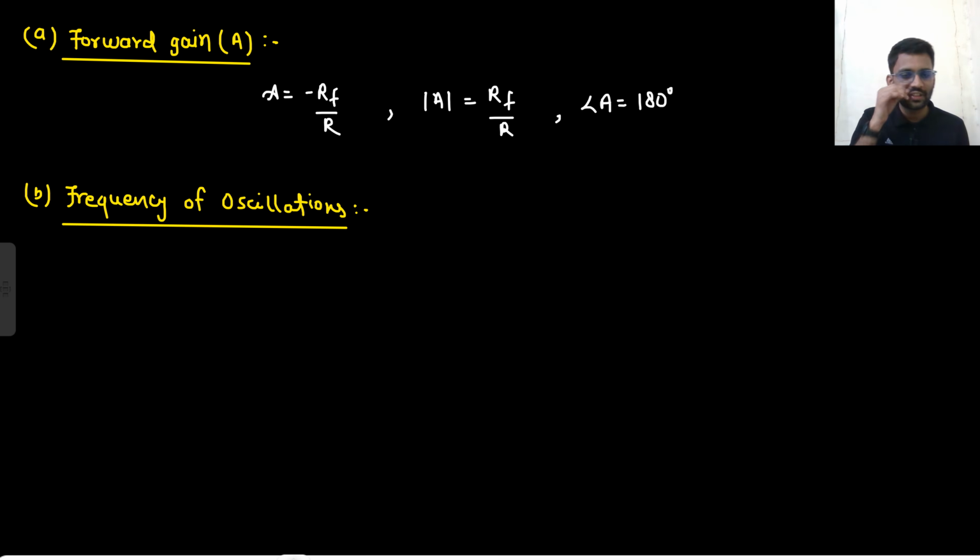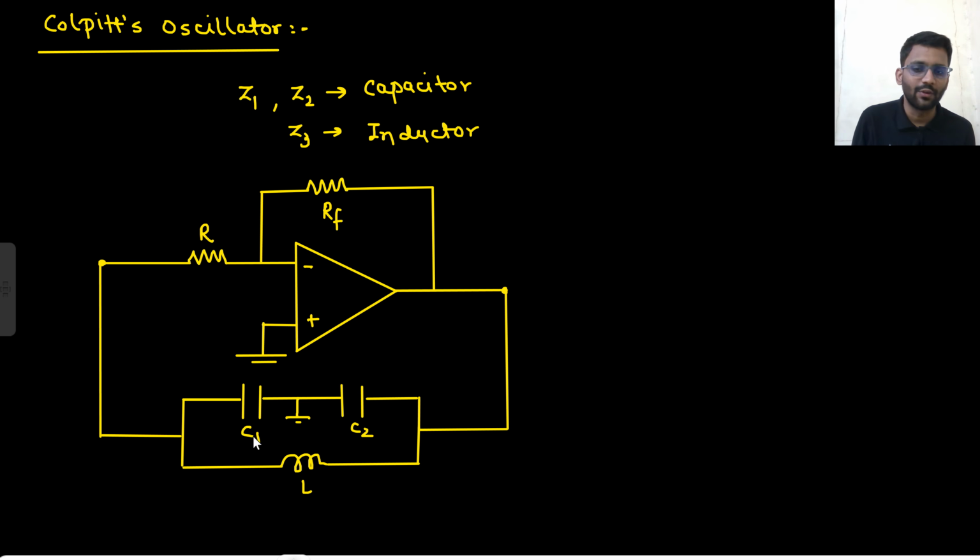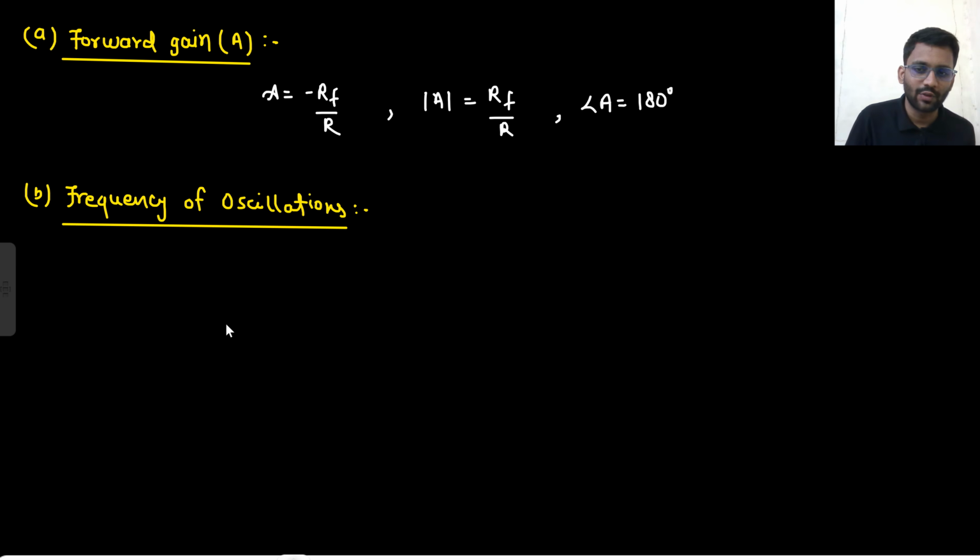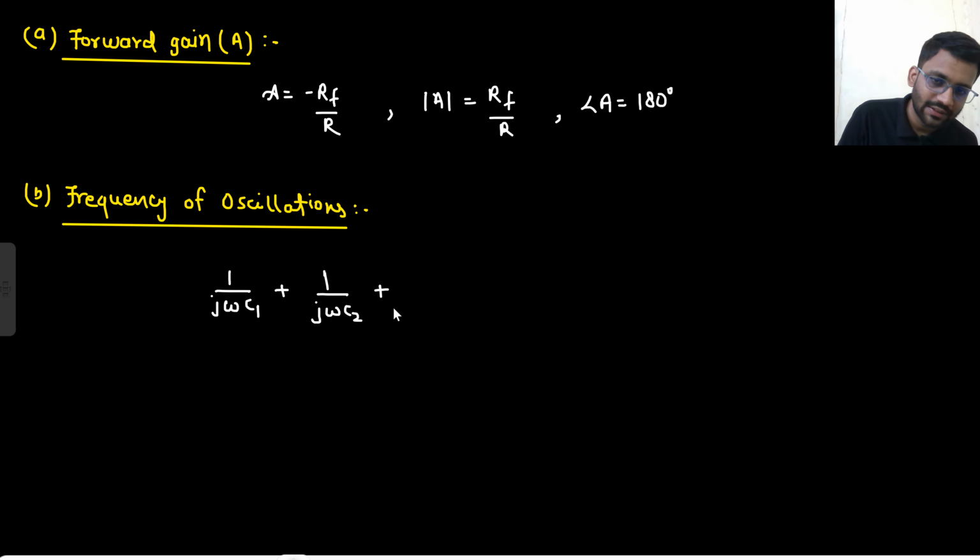What will be the frequency of oscillations? For frequency of oscillation, what you will do? Find the impedance of all, add them up, put equals to 0. So what is the impedance provided by capacitor C1? That would be 1 by j omega C1. Just write down all the impedances: plus 1 by j omega C2 plus j omega L should be equal to 0. Right?